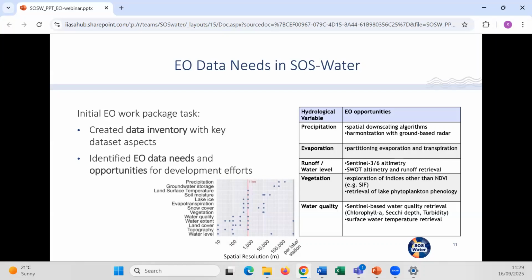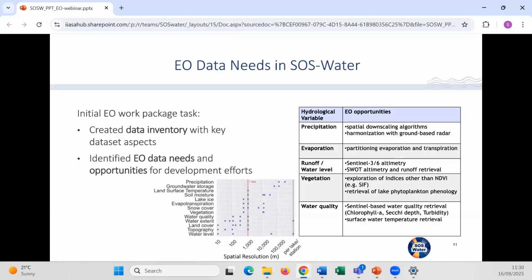Our initial task was to create a data inventory with key data sets that are relevant for the project. We listed all these data sets and then also extracted or defined the attributes associated with them: spatial resolution, temporal resolution, radiometric resolution, and so on.